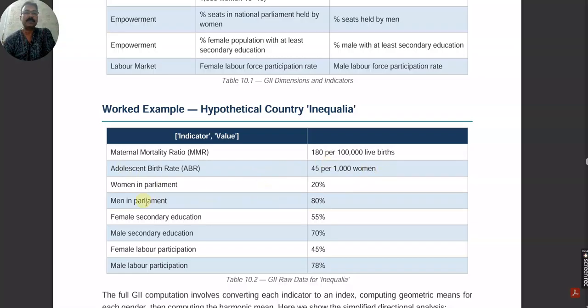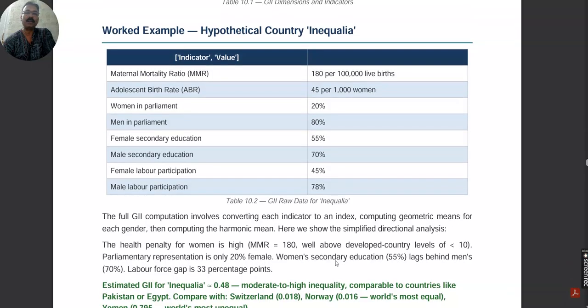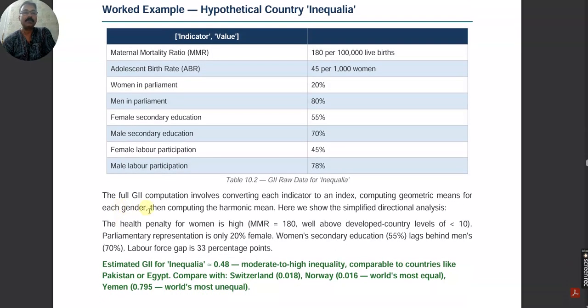Women in parliament 20%, men in parliament 80%, females with at least secondary education 55%, males with at least secondary education 70%, female labor participation 45%, male labor participation 78%. Hypothetical data. Now, the full GII computation involves converting each indicator to an index, computing geometric means for each gender, then computing the harmonic mean. Here we show the simplified directional analysis.